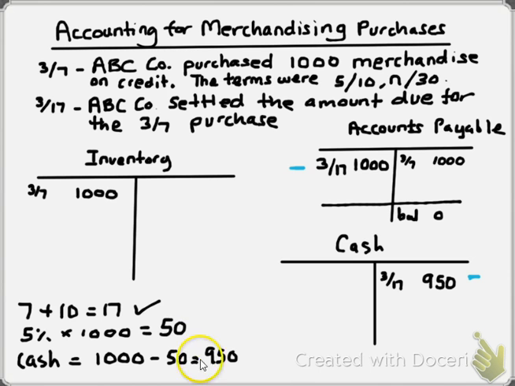That $50 is your purchase discount. That $50 gets credited to inventory and goes towards reducing the overall cost of your inventory. So the final cost of your inventory is going to be $950 because you took advantage of that purchase discount by paying early.